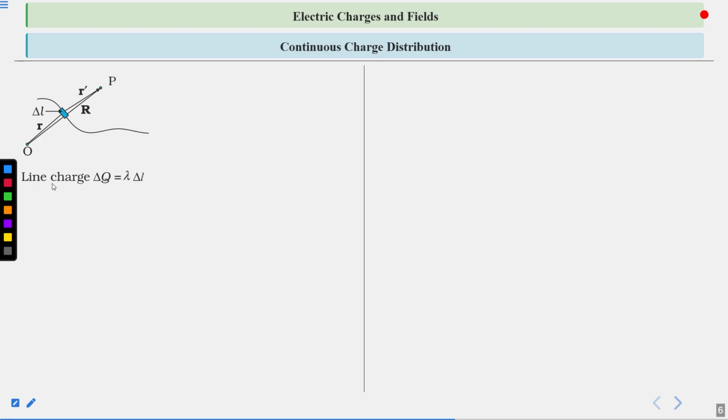The second distribution is line charge distribution, or linear charge distribution, when charges are spread out linearly. Look here.